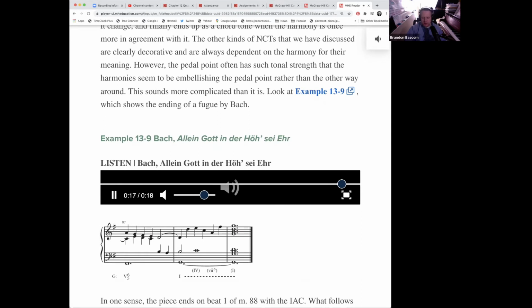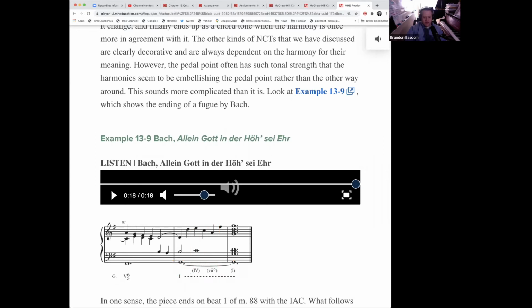So, pedal note, hanging out on that low G. Chords change over the top, causing our harmonic analysis to change over the top.